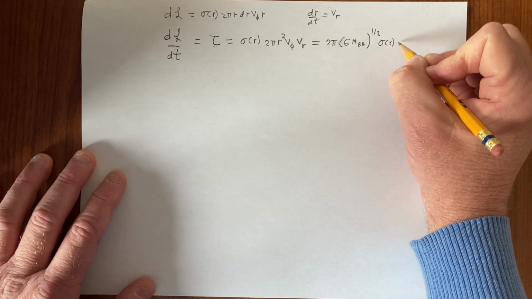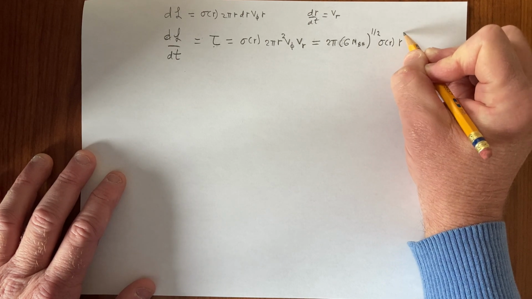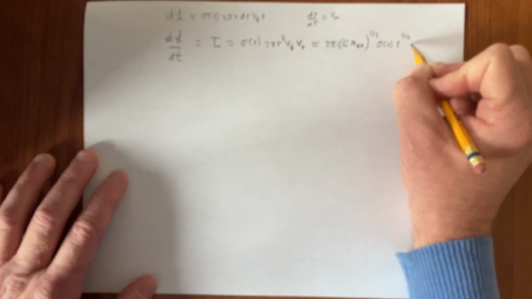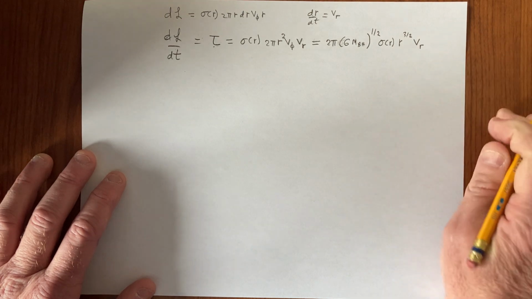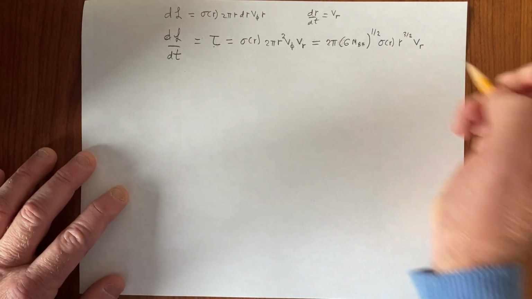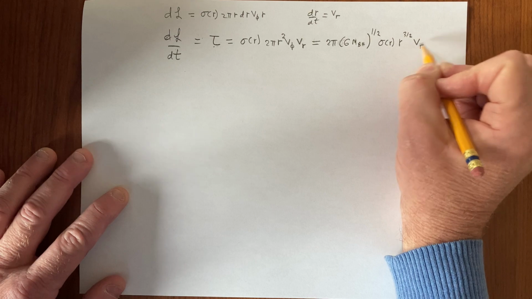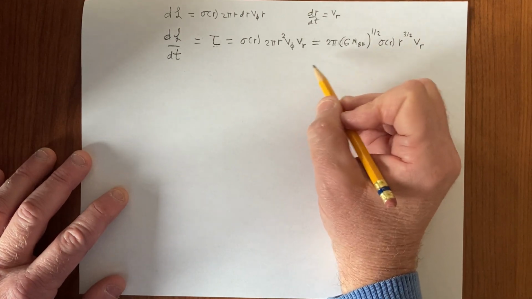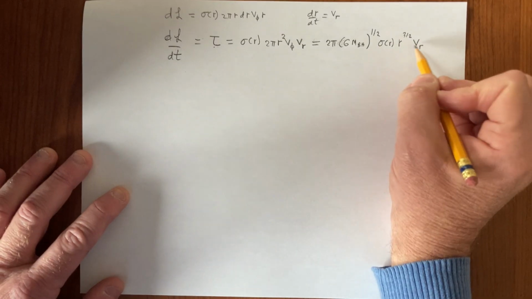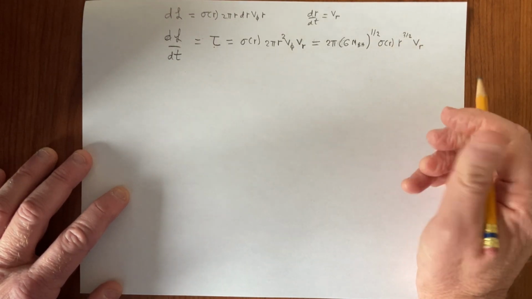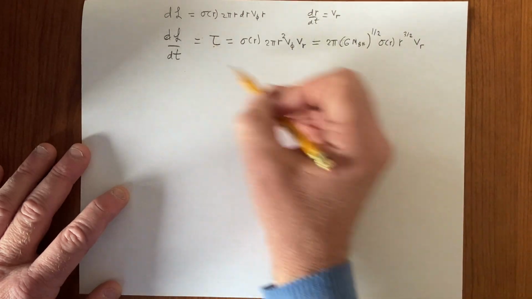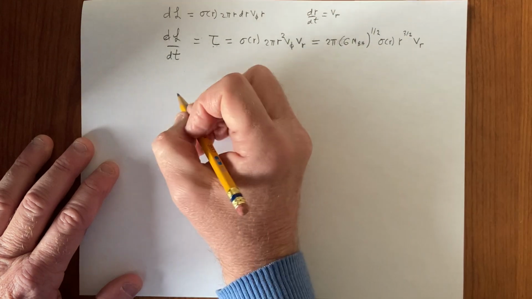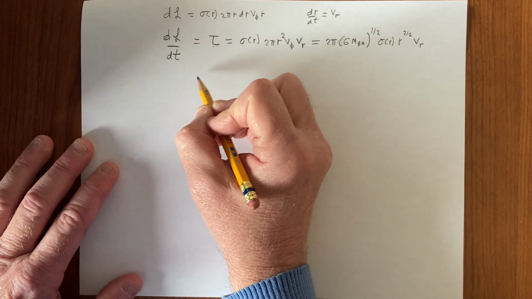We have the density, we have r to the 3/2 when we replace v phi, and then we have v of r. So this inward radial velocity, the material is moving inward to lower values of angular momentum and lower values of energy. That's the result of some torque. So we haven't really specified what the torque is, but this is the result of that. Let's say the material flows inwards.